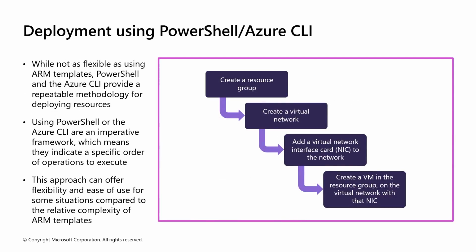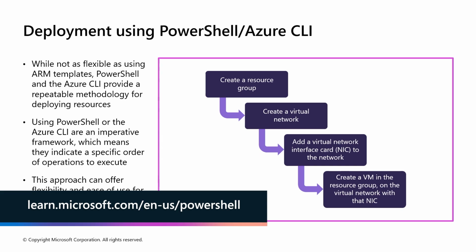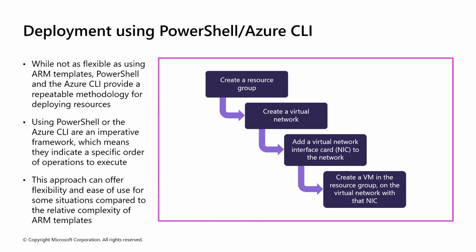Using PowerShell or Azure CLI for deployment both use an imperative framework, which means they indicate a specific order of operations to execute. That means you have to make certain that you create the objects in a particular order. For example, if you'd like to create a virtual machine, I need to make certain that I first have created a resource group and a virtual network card.